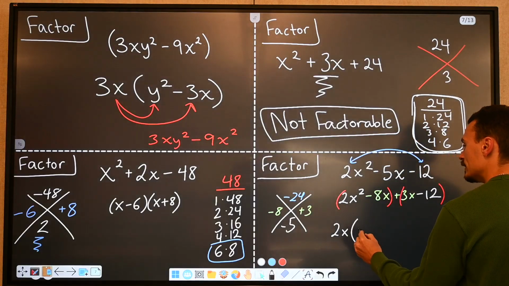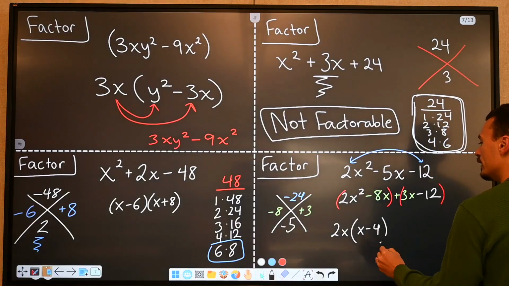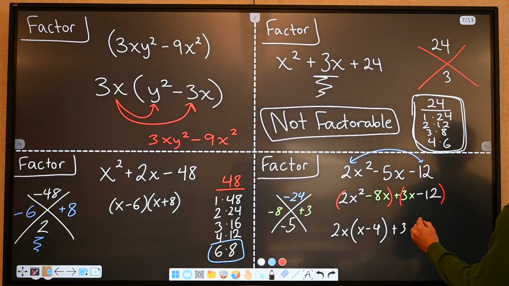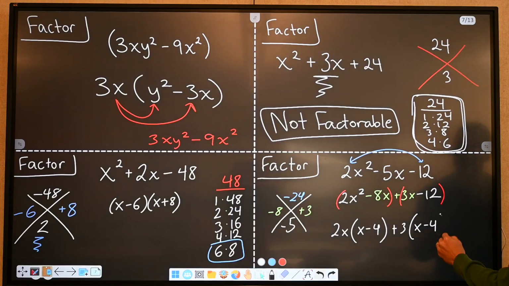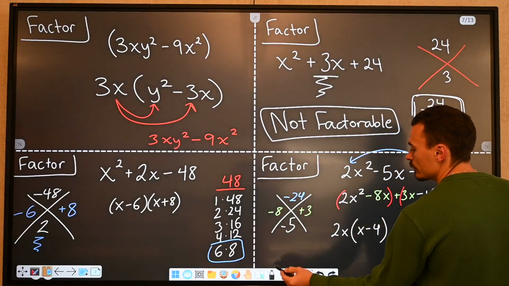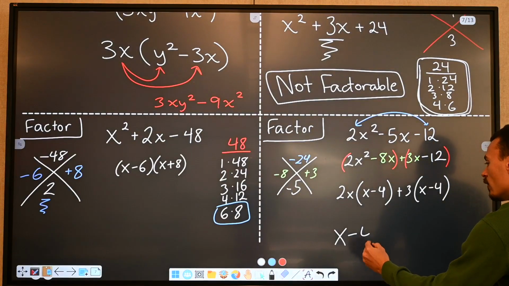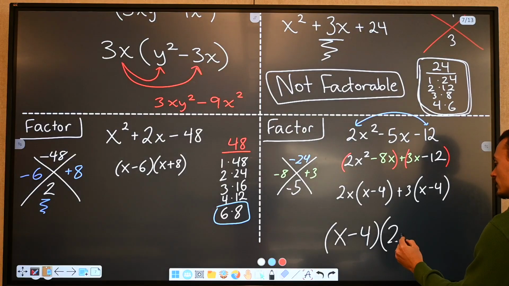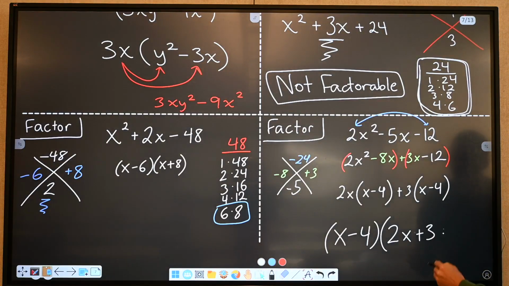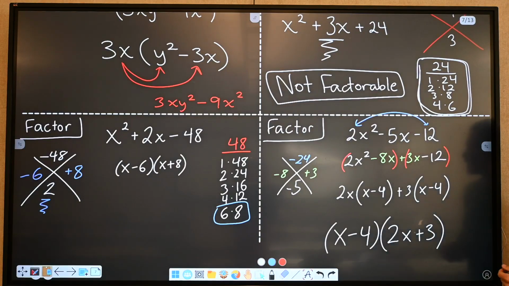Factor out a 2x, giving us x minus 4 on the inside. Here I'll factor out a 3. That gets us x minus 4, 2x plus 3. It does not matter which way you write that answer.